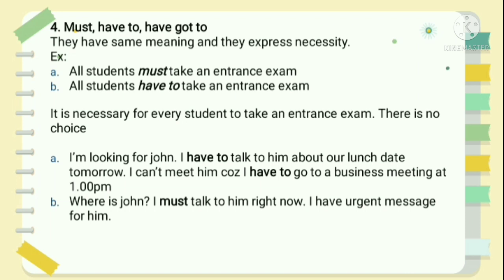In spoken English, have to is more commonly used here. Subjects I, you, they, we are followed by have to, and she, he, it, or third person singular commonly use has to.